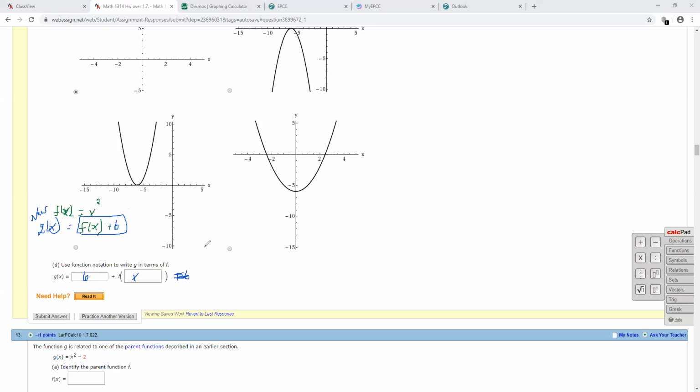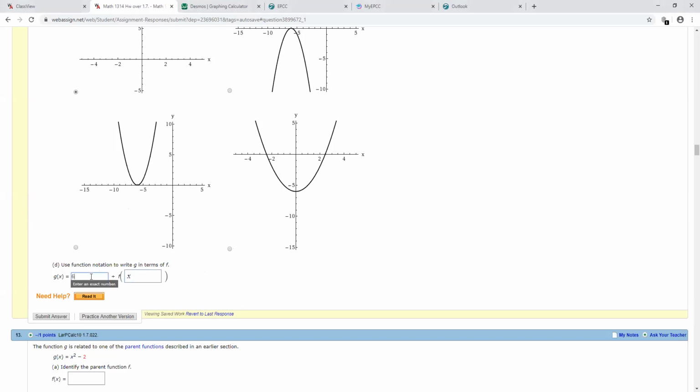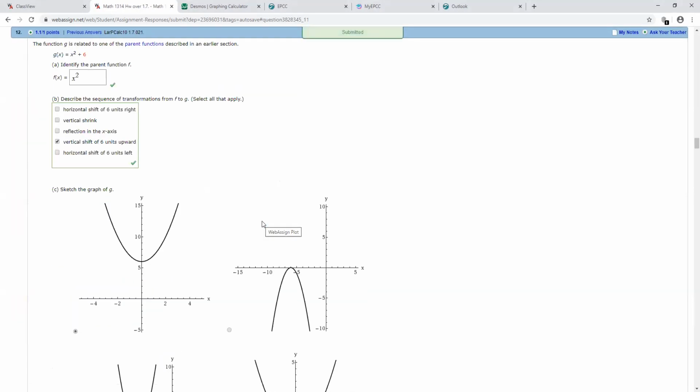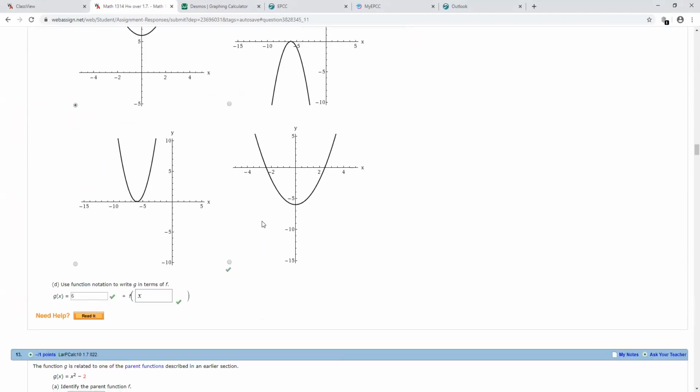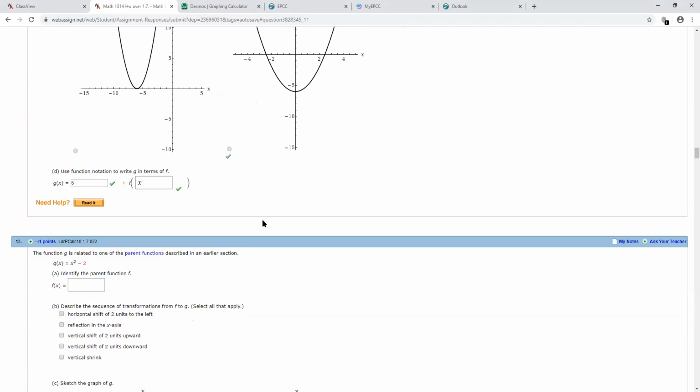No, sir. No, Megan, you okay? I'm okay. Okay, so, and now x and 6. And we're correct up there, correct on the graph, and correct on the bottom.